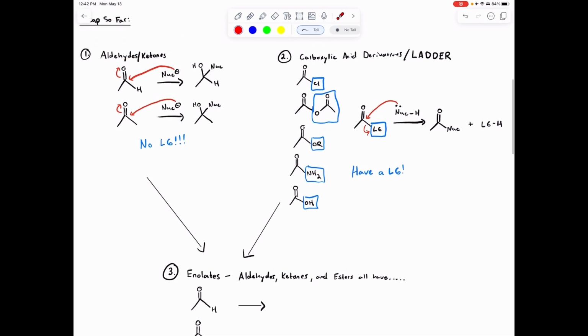So this is a little weird because up until this point, you've kept aldehydes and ketones completely separate from esters by the fact that aldehydes and ketones have no leaving group and esters have a leaving group.